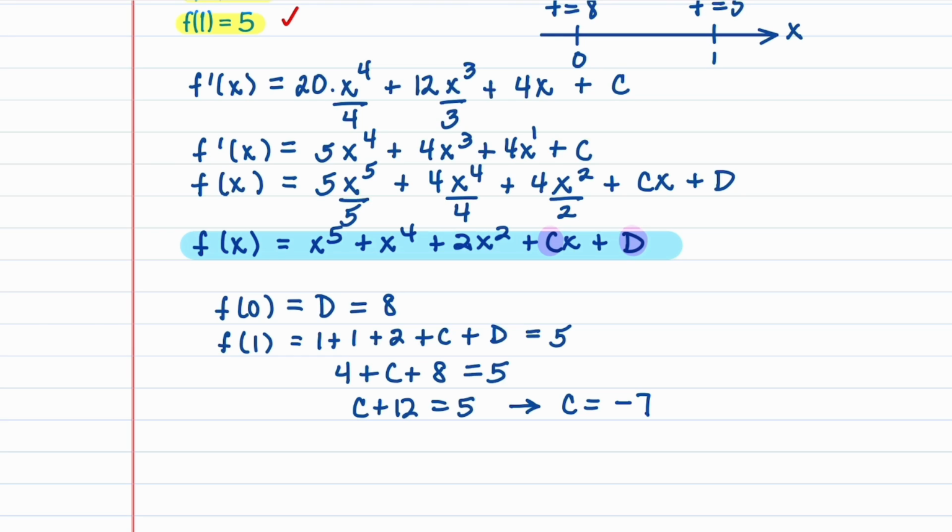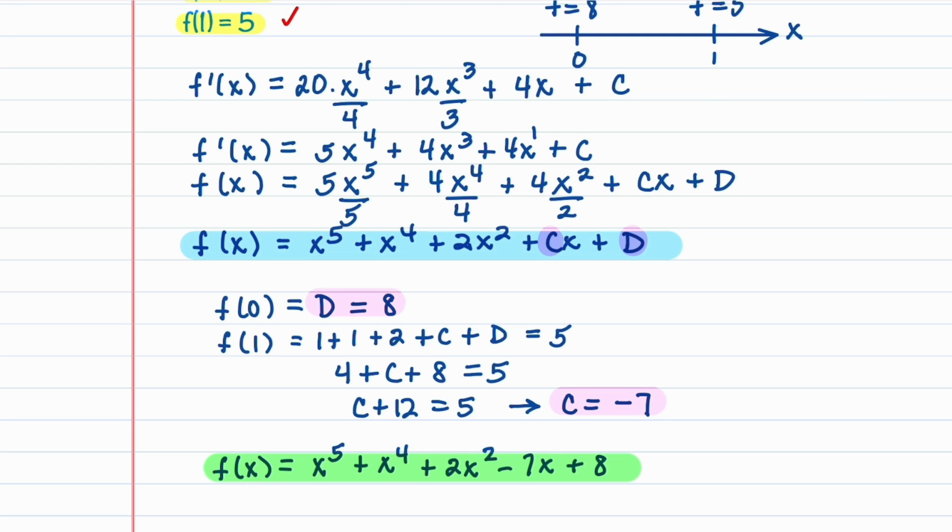Let's highlight here that d is 8 and c is minus 7 because we now have to substitute those back in to our function. Our answer is f of x is equal to x to the 5th plus x to the 4th plus 2x squared minus 7x plus 8.